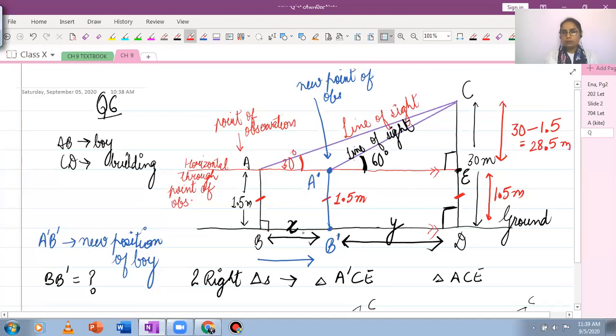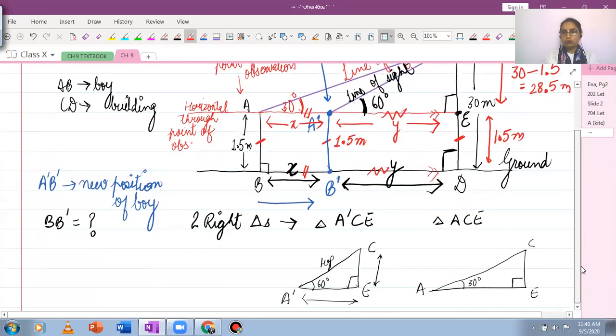What can you say about BB dash and AA dash? These two parts will also be equal. So this will also be x. Similarly, this base will be equal to this one. This will also be y. This came from symmetry. We are having rectangles and squares here.